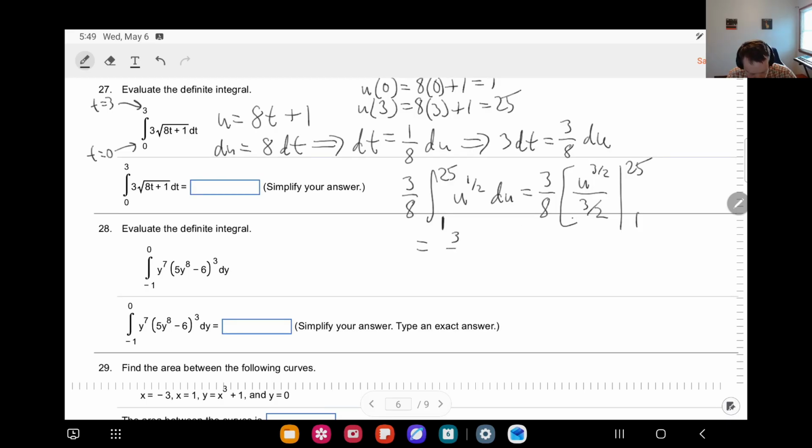So 3/8 times 2/3, and then u to the 3/2 from 1 to 25. Okay, threes cancel. And get a little canceling here. It's just 1/4 left. So 1/4 times 25 to the 3/2 minus 1 to the 3/2.